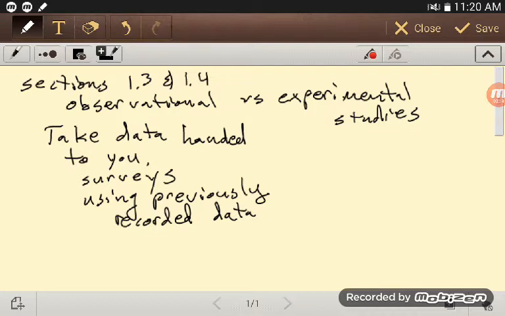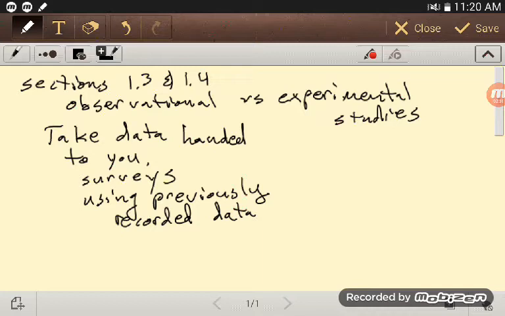But I could even design the study and it would still be observational. Let's take something like amputees.